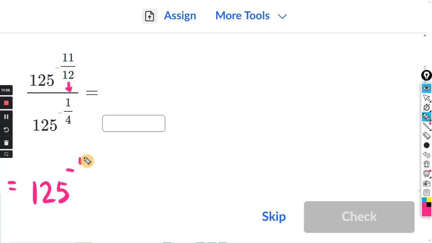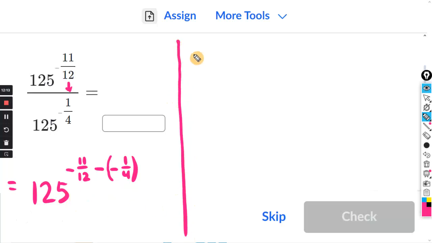Watch your plus minus signs there. I just subtracted the exponents. We keep the 125. Two negatives in a row make it positive.